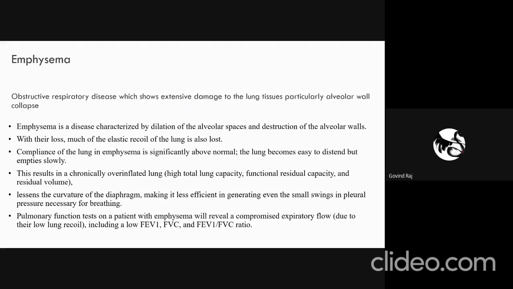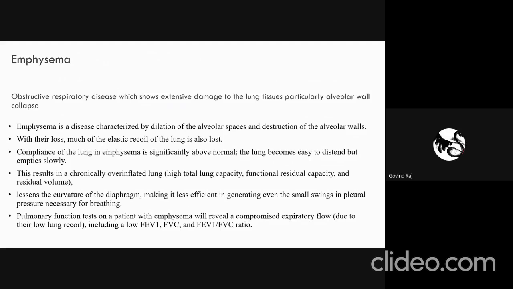The functional residual capacity also increases, and also the residual volume, because the lungs are overinflated and have higher volume than normal. This lessens the curvature, as we said earlier, making it less efficient in generating even small swings in pleural pressure necessary for breathing.